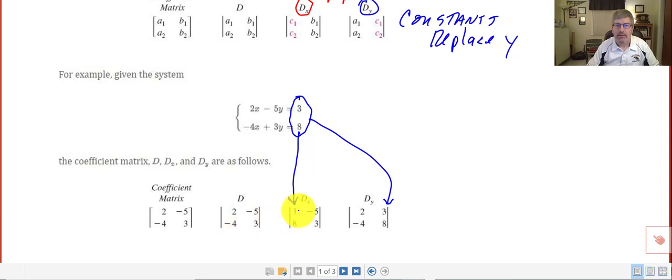D sub x is where we replaced our x values, 2 and negative 4, with our constants 3 and 8, but we kept our y's the same. So we've got constants for our x's and then our y's. Whereas for D sub y, our x's stay the same, and our y's become our constants.